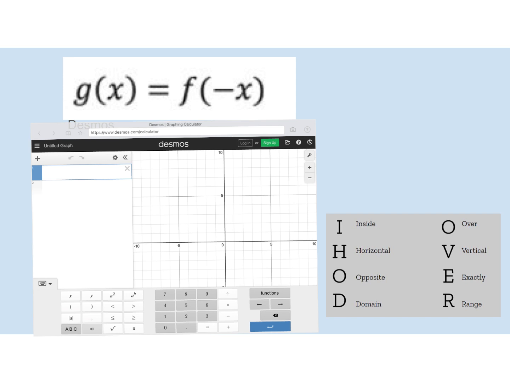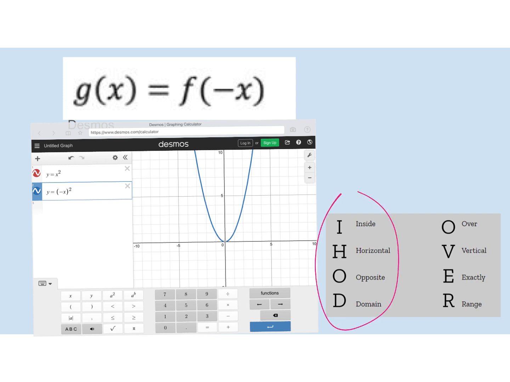Let's graph a parent function. It's always based on a parent function. So we have y equals x squared. X squared is the most basic quadratic. Keep that in mind. Now I'm going to graph, and instead of f of x, I'm going to use y. Y equals, and x is in the parentheses, so I'm having to do this and square it. So in this case, it's inside our parentheses.